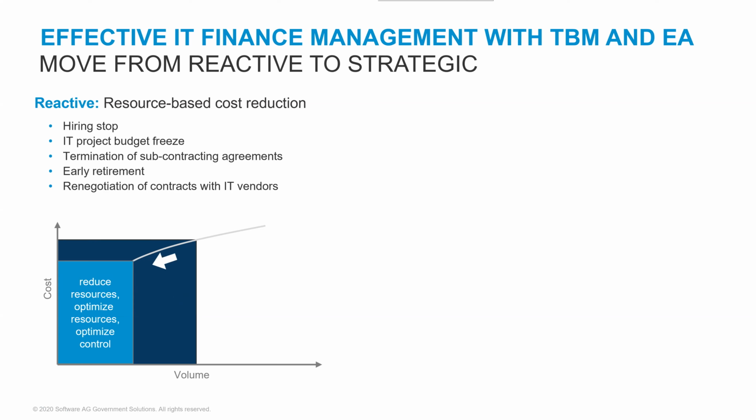And some of the reactive measures that we see over the years about how to reduce cost: we stop hiring, we stop filling positions, we freeze project budgets, and sometimes we even squeeze those project budgets and say that we can't deliver everything at this point in time. Maybe we're going to have to put it off for a certain period of time. There's a variety of activities that are truly just focused on cost reduction, but it also changes the amount of work that you can deliver.